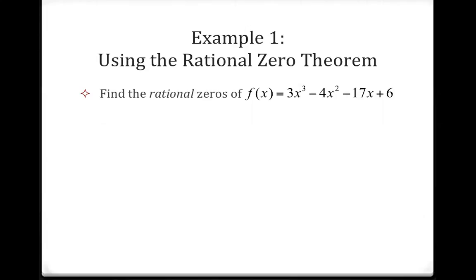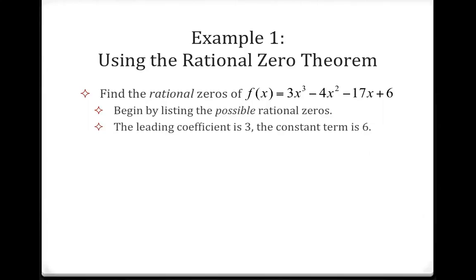What zeros might possibly work so that you're not working on this for hours on end? So from our vocabulary, we're going to use the fact that if there are rational zeros, they have to fit that P over Q form. And we're going to make a list of all the possible rational zeros by using that form.